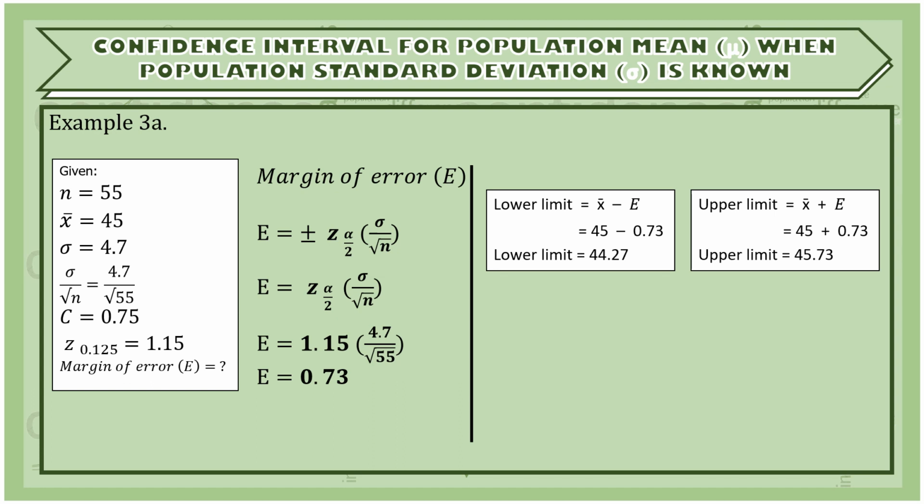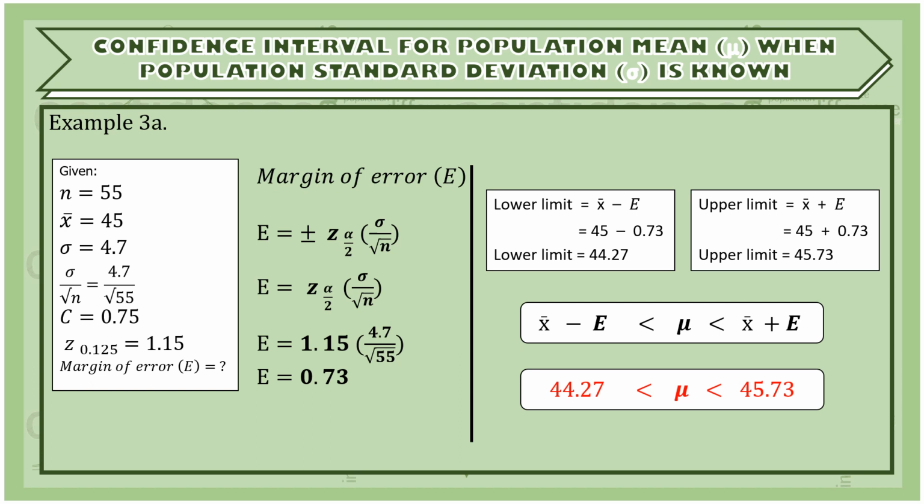Ninth is substitute the result lower limit and upper limit to the formula of confidence interval. Therefore, the answer is population mean is greater than 44.27 but less than 45.73.